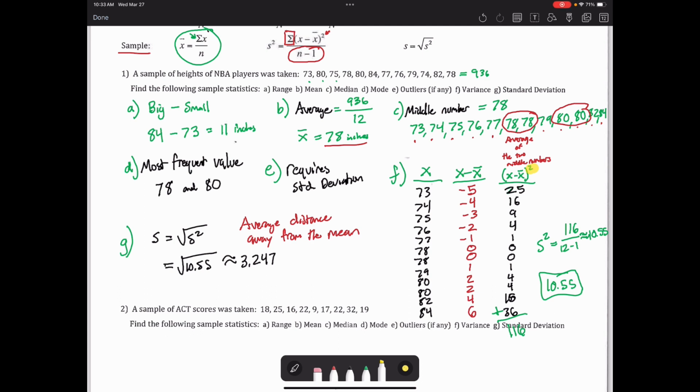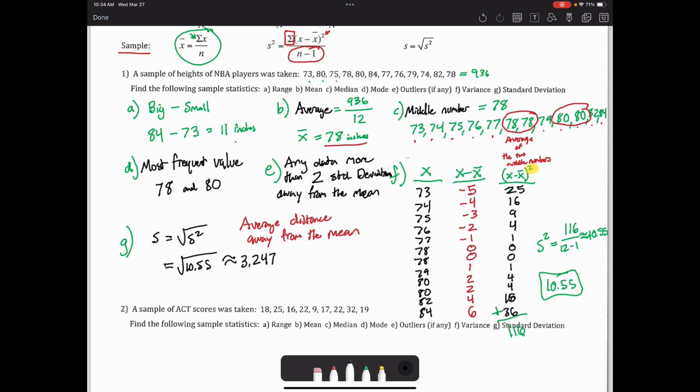So we've now calculated the standard deviation, so let's go back to part E. Like I said, the mathematical way we determine outliers depends on what your standard deviation is. So your outliers are any data point more than 2 standard deviations away from the mean.